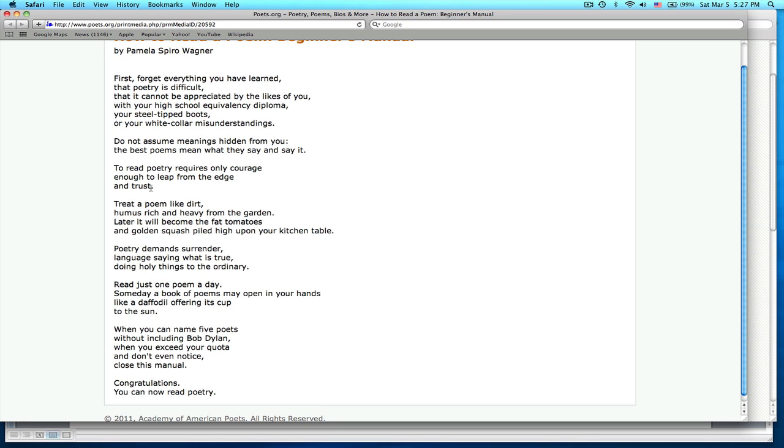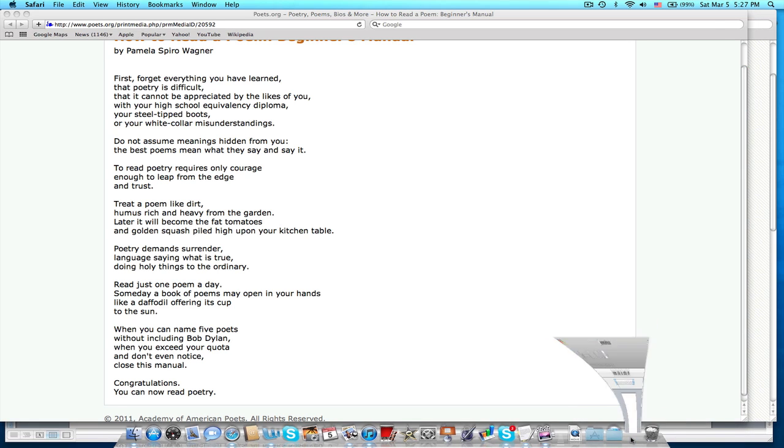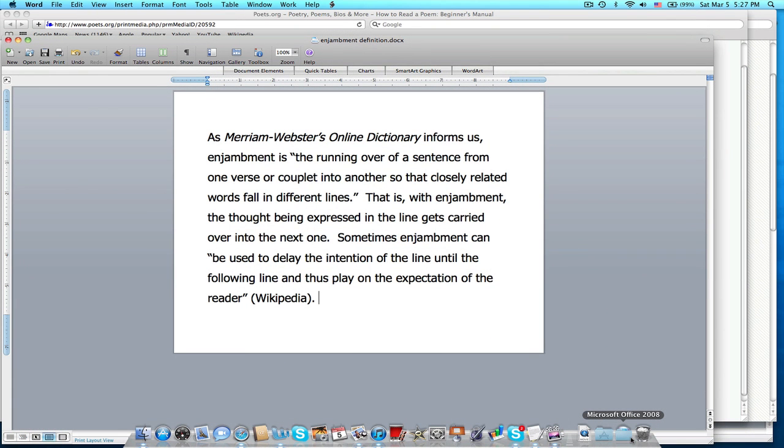Now, while we're here looking at her poem, I also want to tell you about enjambment. I'm going to pull up a definition that I want you to write down. As Merriam-Webster's online dictionary informs us, enjambment is the running over of a sentence from one verse or couplet into another so that closely related words fall in different lines.